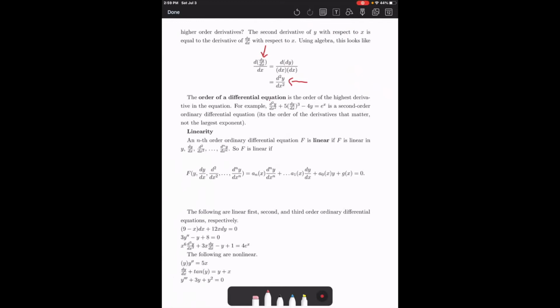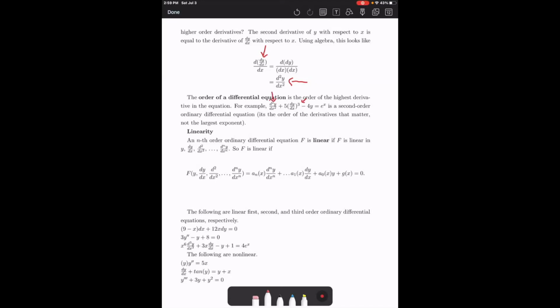This is just the second derivative of y with respect to x plus 5 times the first derivative, or dy dx cubed, minus 4y is equal to e to the x. And the question is, what is the order of this? And I've chosen this example because I want you not to get confused with what these different exponents mean. So we're going to clear that up now.